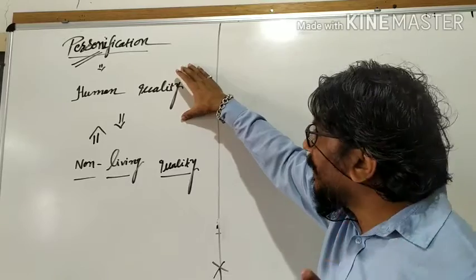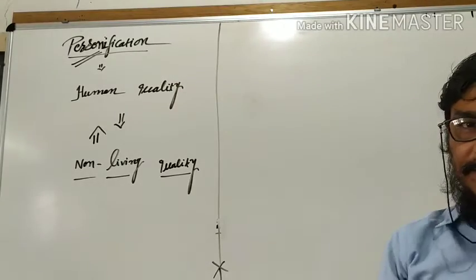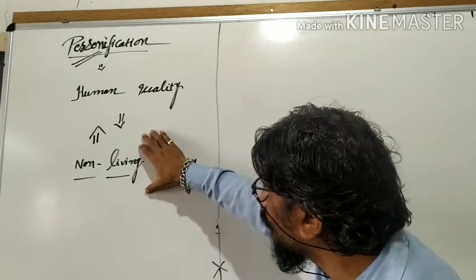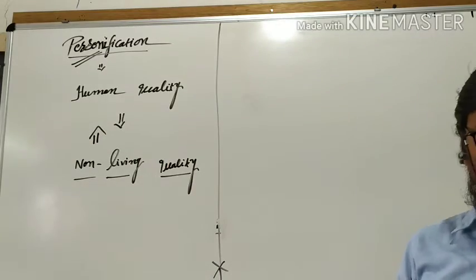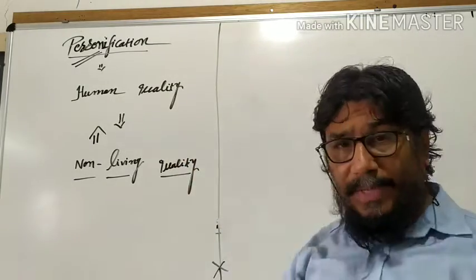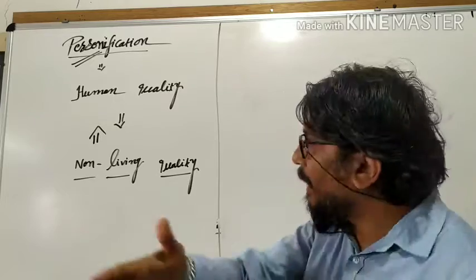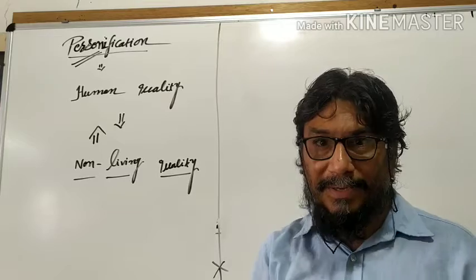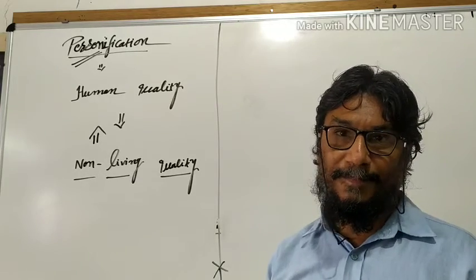There will be a human quality somewhere, and that human quality will be applied to the non-living. Reverse condition also would be there. A non-living quality would be applied to the human, to the person.